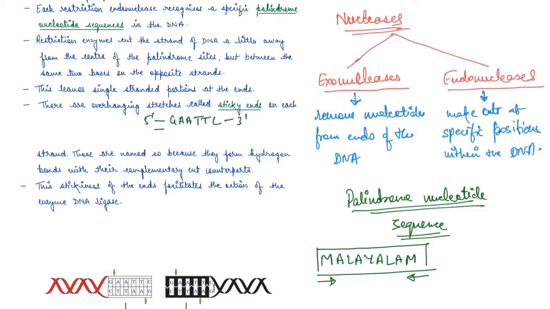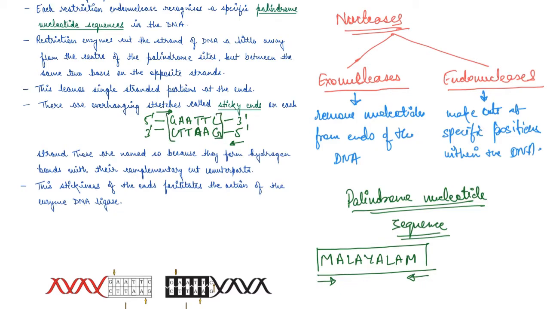Now, since DNA is double stranded, we'll have a complementary strand as well, right? So this is the complementary strand. If you read it from 5' to 3', it is GAATTC. Now, if you read from the 3' to 5' direction, it will again be GAATTC. Remember that you have to take into consideration both these strands.